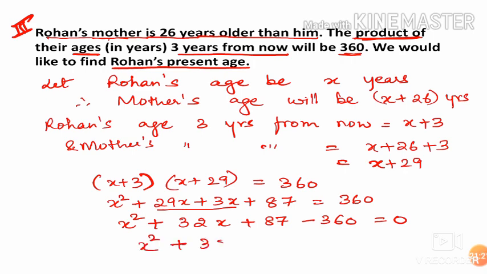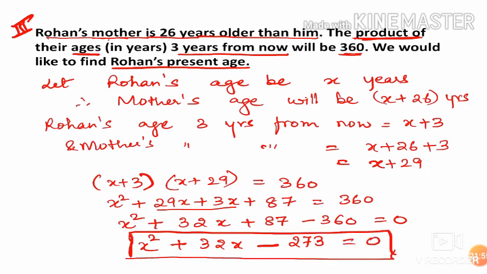Adding the constants, we will get x square plus 32x minus 273 equal to 0. This is the quadratic equation in its standard form.